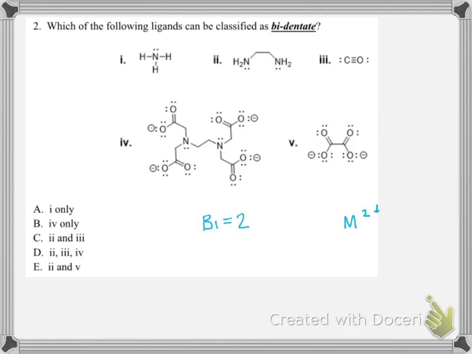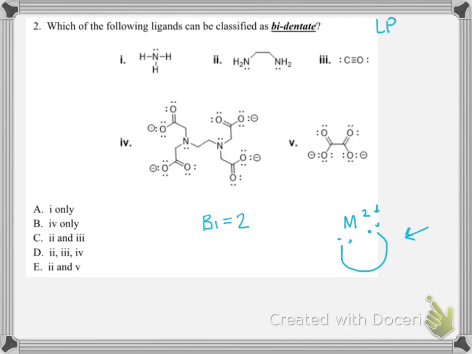And so we want to look for something that has lone pairs that can butt up against this metal ion in some kind of double fashion. So we want to look for something that could do this kind of rearrangement, and that would make it bidentate.